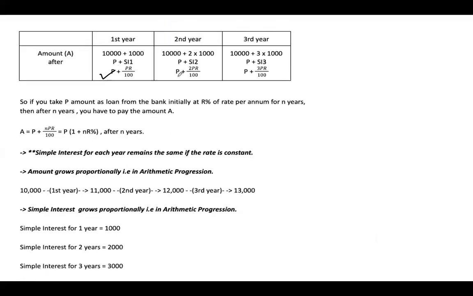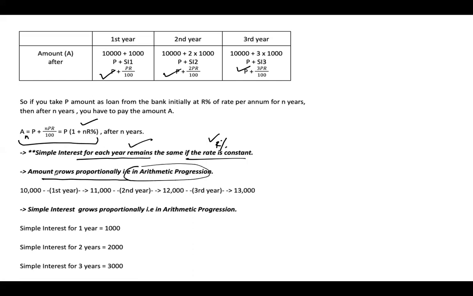This is the same thing that we have discussed just now. Simple amount after n years would be this. Simple interest for each year remains the same if the rate is constant. The rate was, let's say, R percent. Amount grows proportionally. The amount also grows like that. Initial amount was 10,000. It increased by, let's say, 1,000 in the first year, so 11,000.